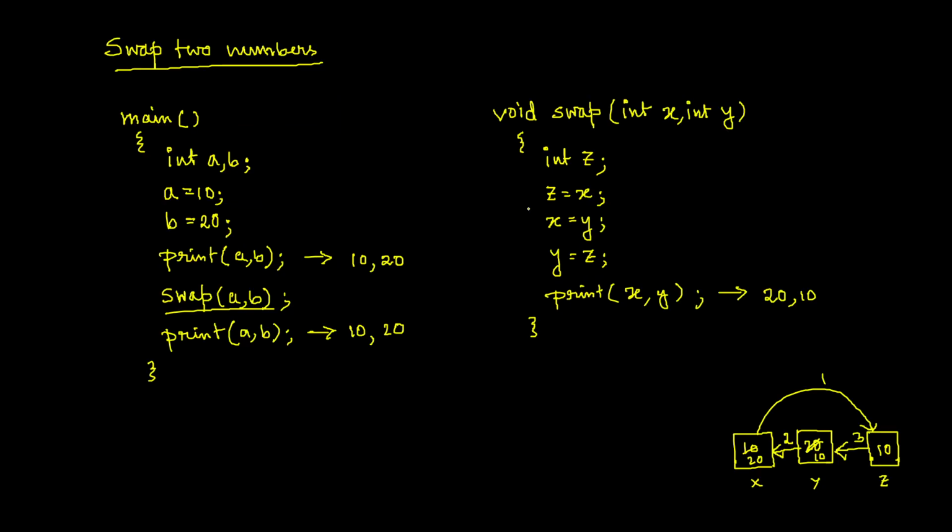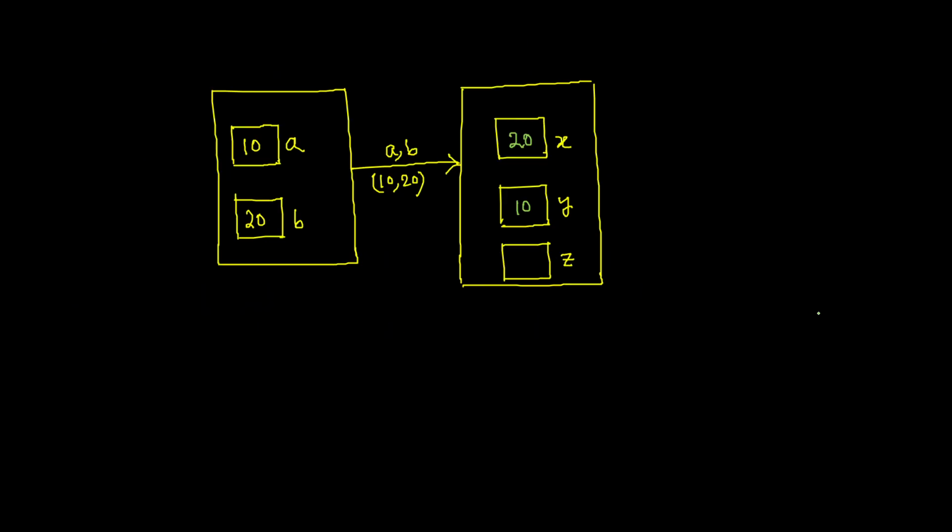That's why when we print x comma y, it will print 20 and 10. But the problem is that this 20 and 10 is not related to a and b. That's why when you print in this swap function, it prints the swapped value, but it is not going to reflect in the original variables in the main function.